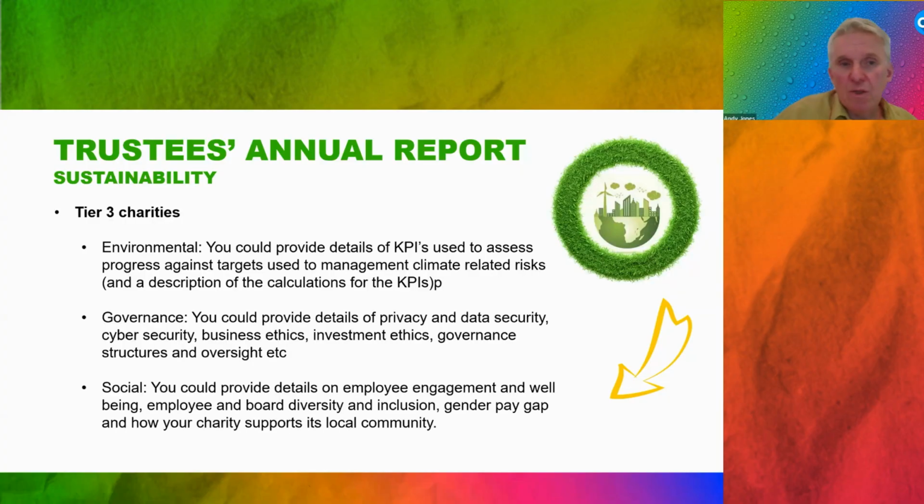And then from the social side, you can look at providing details on things like employee engagement and well-being, employee diversity and inclusion, board diversity and inclusion, and gender pay gap. All limited companies with more than 250 employees obviously have to provide gender pay gap reporting, but again, it can be useful to include it or provide the link to that in your trustees report.